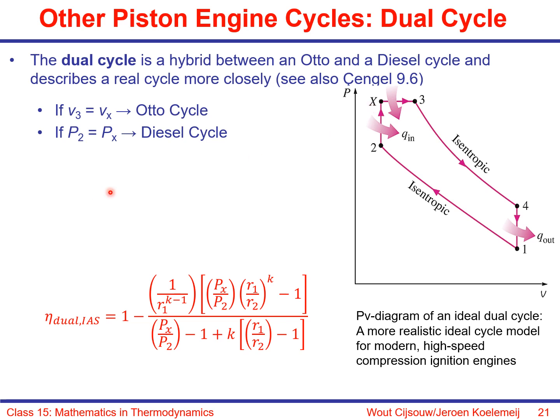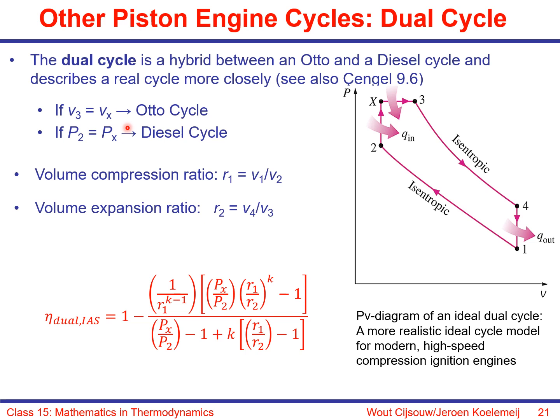Well, as you can imagine, analyzing such a cycle is, again, a step more complicated than analyzing the diesel cycle. In the efficiency of the dual cycle, the parameters of interest are the volume compression ratio between V1 and V2, so the ratio between the initial volume before isentropic compression and after isentropic compression.